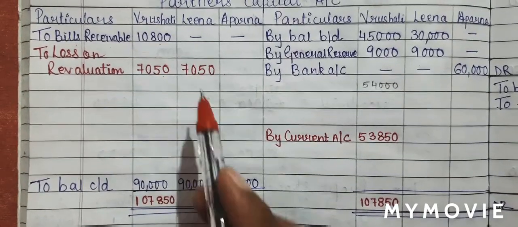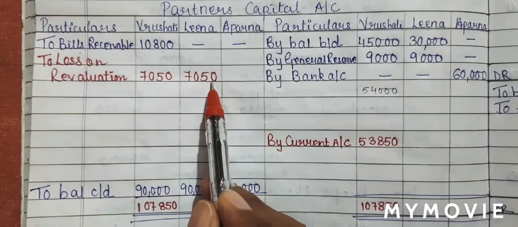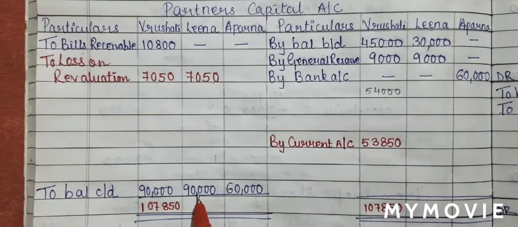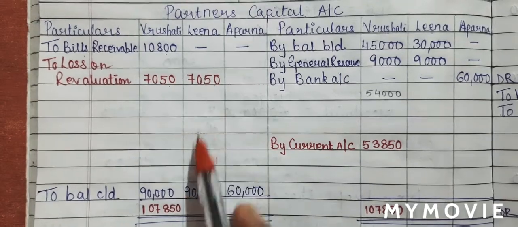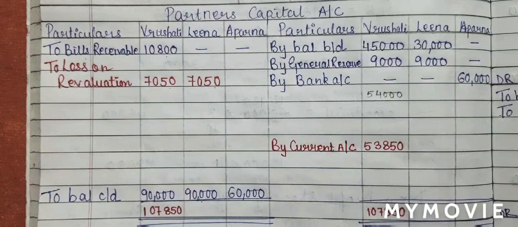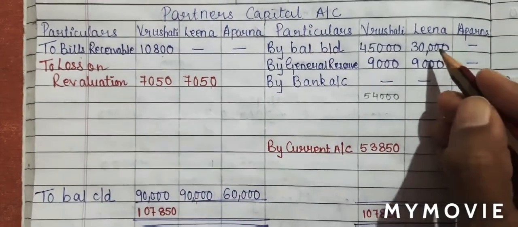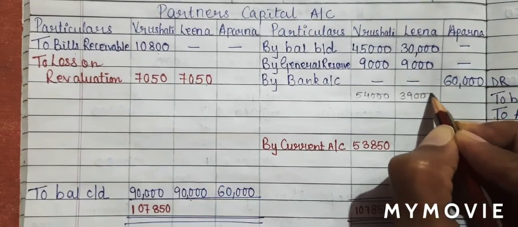So if you total Leena's amount on the debit side, you have 7,050 plus 90,000. So 97,050 rupees is on the debit side. And on the credit side, our total is 30 plus 9 is 39,000.